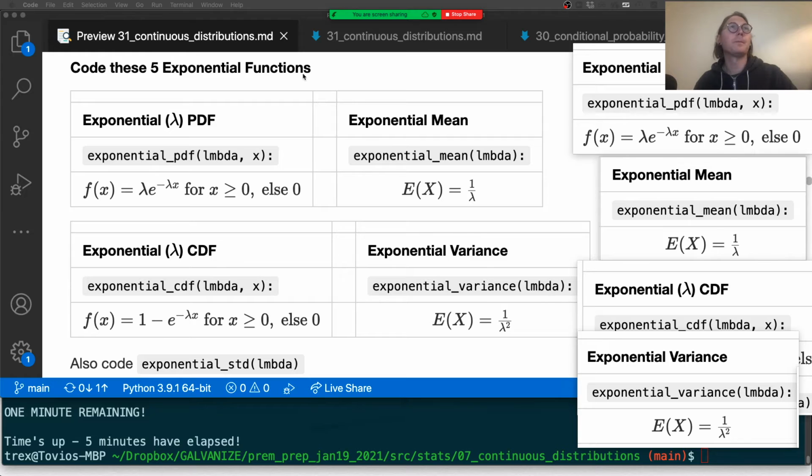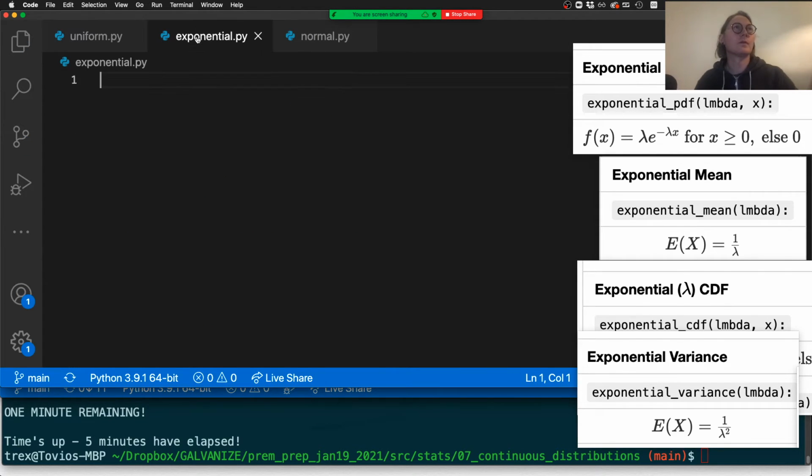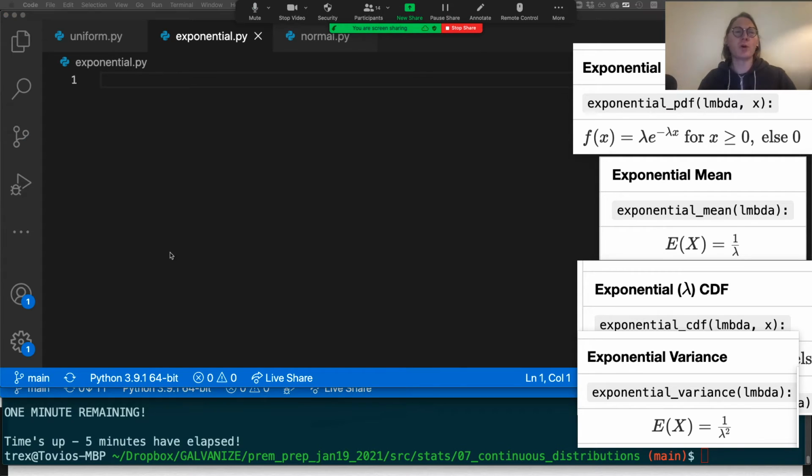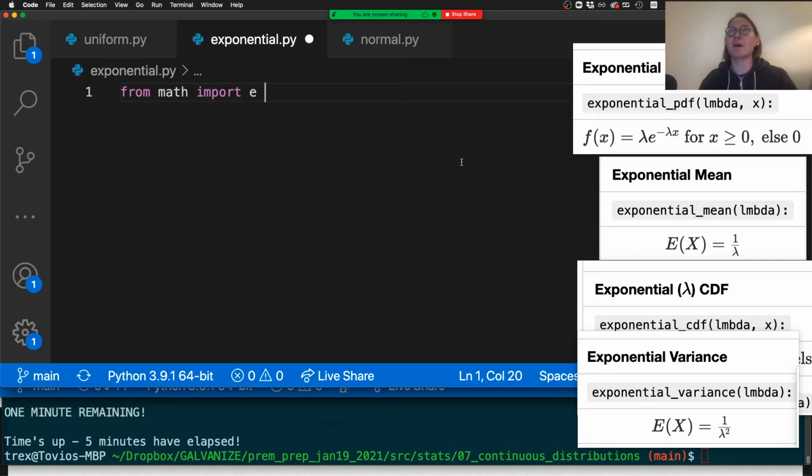So I'm putting this in the exponential.py file. And the first thing we'll code, well, we need to import some things. I'm going to import two things. I'm going to import E, right? We'll definitely need that. And then I'm actually going to import a square root function.